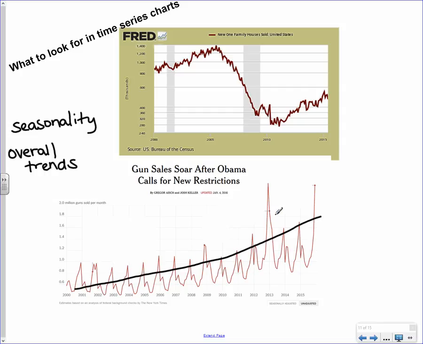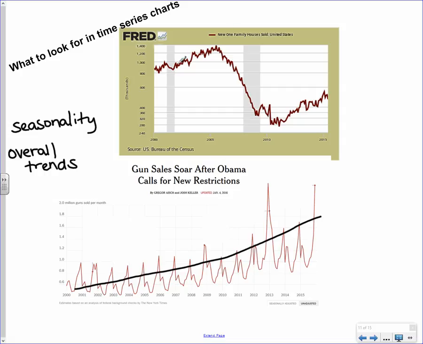Some of these special dots here had to do with certain mass shootings or things that went on in time. Okay, so like 9/11 is on here. We've also got, I think, the San Bernardino. One of these was Sandy Hook. So we see that gun sales did have an increase after those.